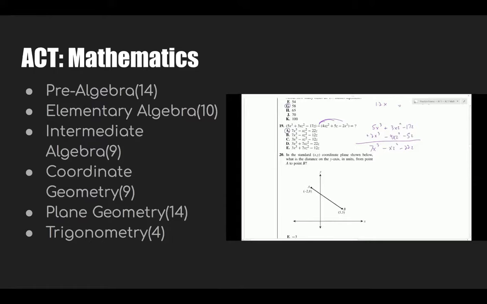Basically, the ACT mathematics test covers Algebra 1 and all the basics that you need to know for math. It tests all the Algebra 1 concepts, geometry concepts, and Algebra 2 concepts. And it'll go a little bit into trigonometry as well. It's only basic trigonometry, sine, cosine, and tangent. That's why they've only given 4 questions for trigonometry.